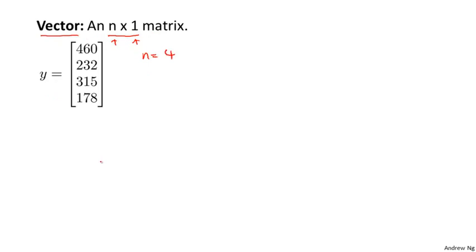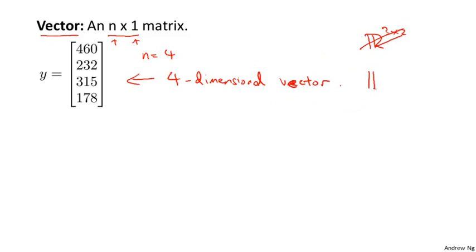Another term for this is a 4-dimensional vector. It just means that this is a vector with 4 numbers in it. And just as earlier for matrices, you saw notation like R3×2 to refer to 3×2 matrices, for this vector we're going to say it is a vector in the set R4. This R4 just means the set of all 4-dimensional vectors.